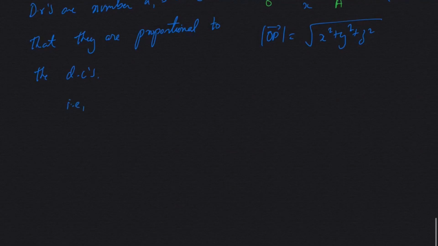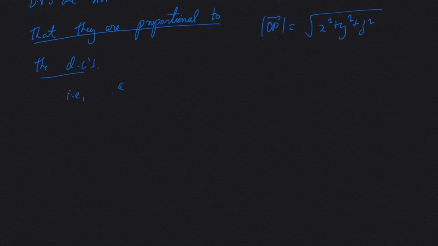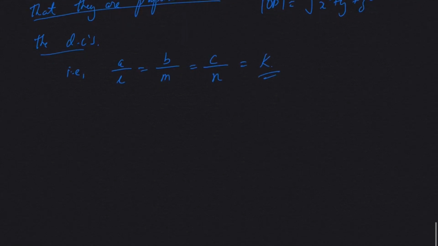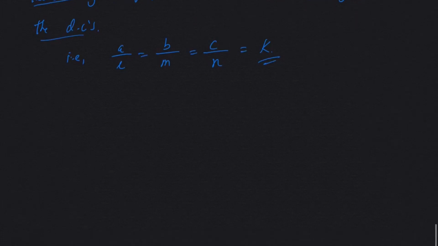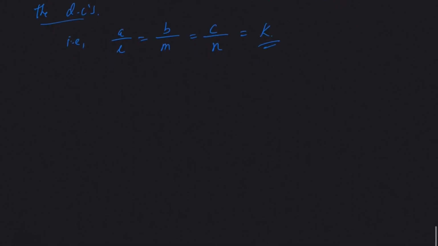We have studied proportionality in lower classes. That is, A by L, B by M and C by N should all be equal, for example, to K.